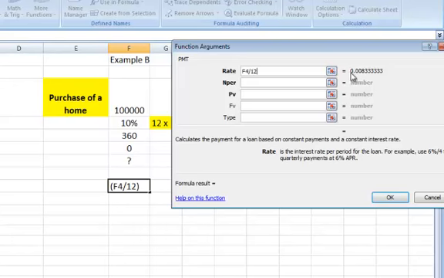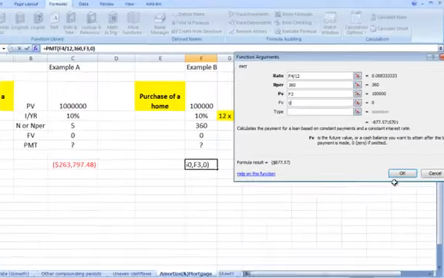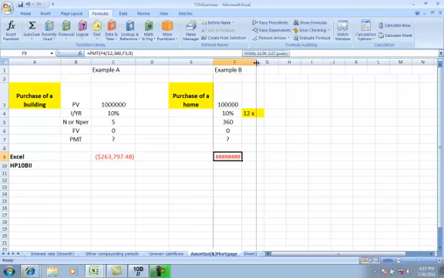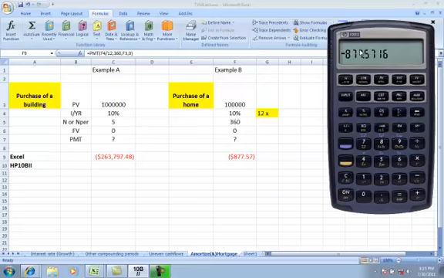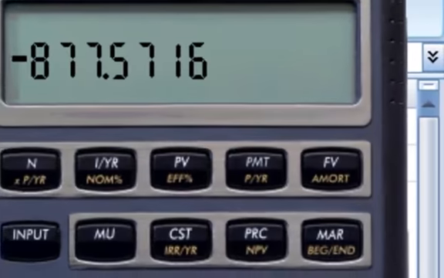In essence, that's the monthly period rate, and I'm going to put 360 here because we're making 360 payments, and the present value, and the future value, of course, is 0, and $877.57.